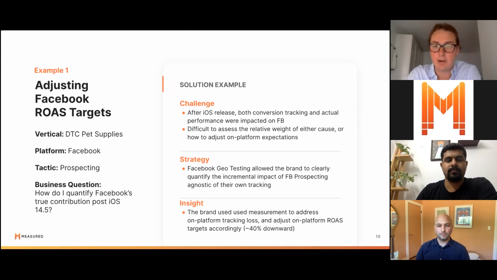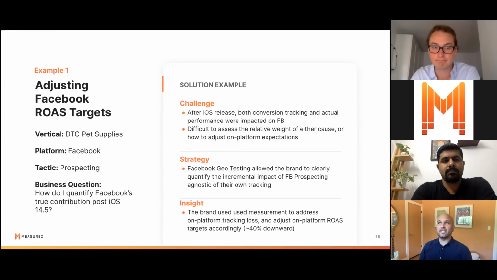So the key takeaway here is that the ROAS target that we had our clients tracking towards on platform actually ended up falling by about 40%, meaning that if they were aiming for a $10 ROAS or whatever it is before, they could actually hit now a $6 ROAS and still make up the same amount of sales. Now on platform, you wouldn't see those sales because of those blind spots we mentioned, but we were able to equate what used to be a $10 ROAS is now a $6 ROAS, if that makes sense.